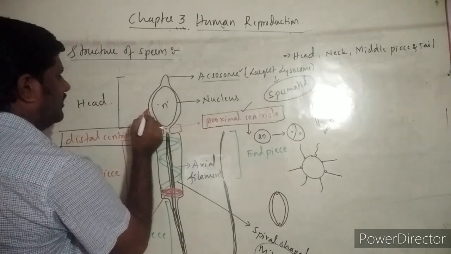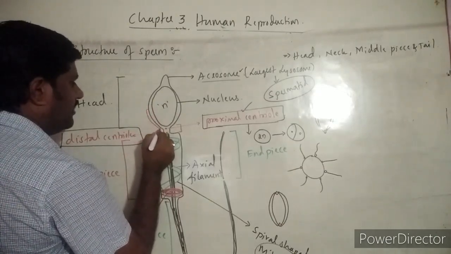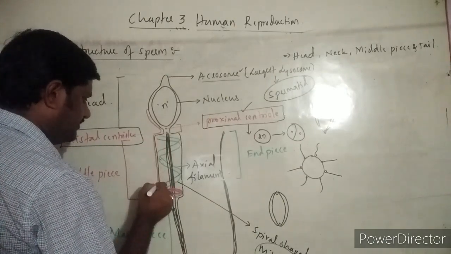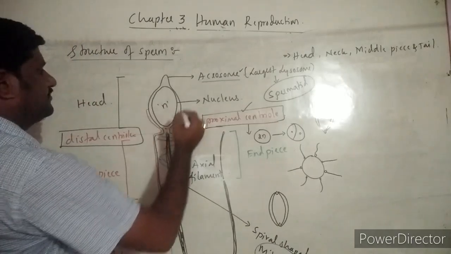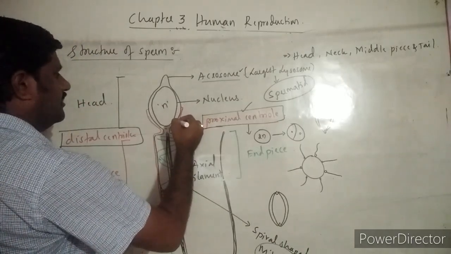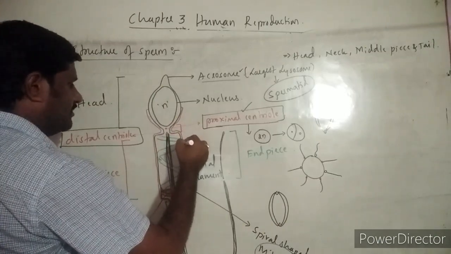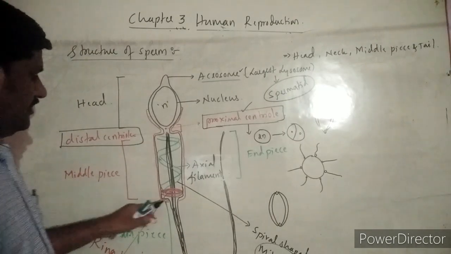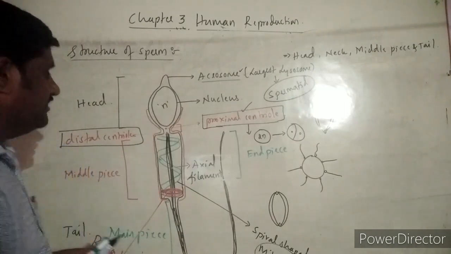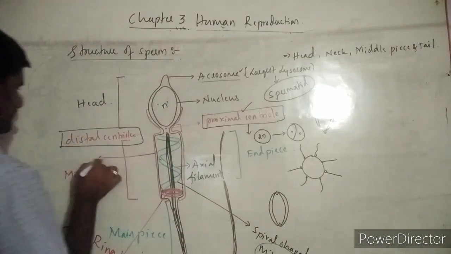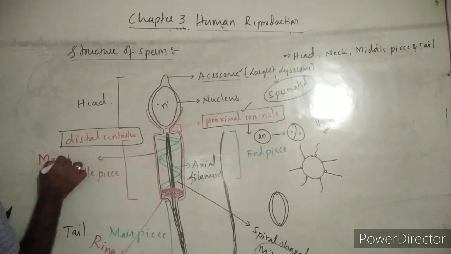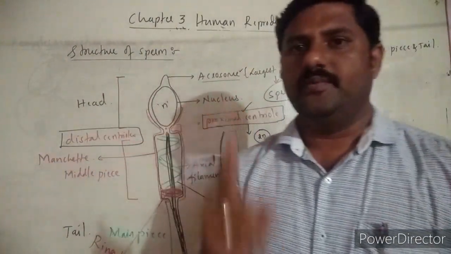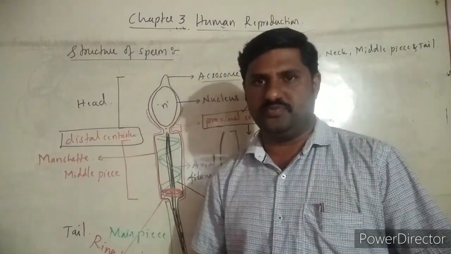The distal part of the nucleus or the head portion and the middle portion is covered with a specialized sheath, up to the end of the middle piece, and this sheath itself is called manchette. What is it called? Manchette. Very important point you must remember over here.